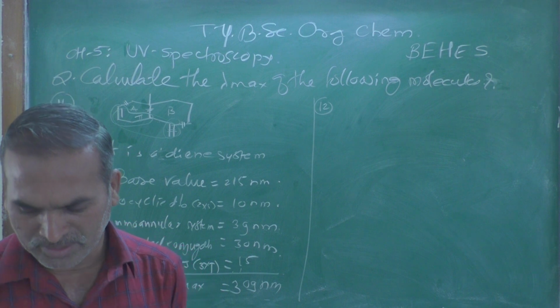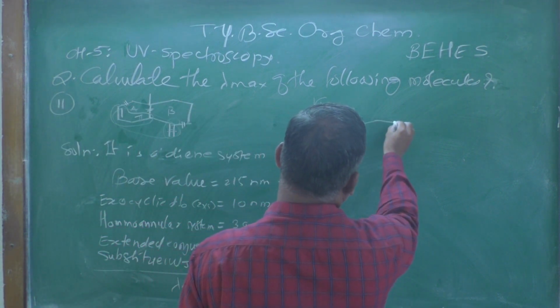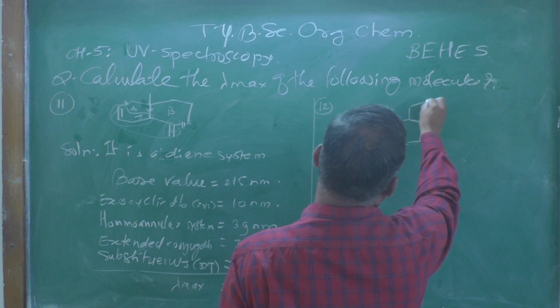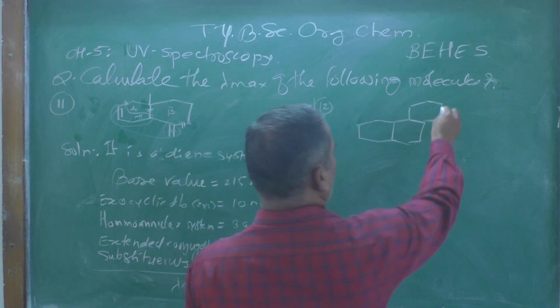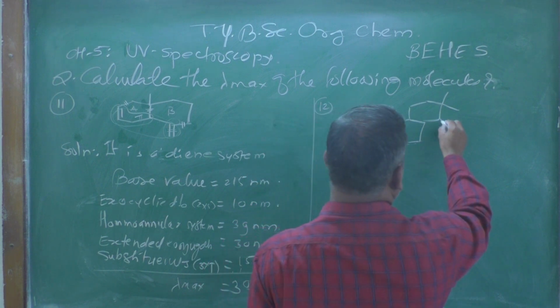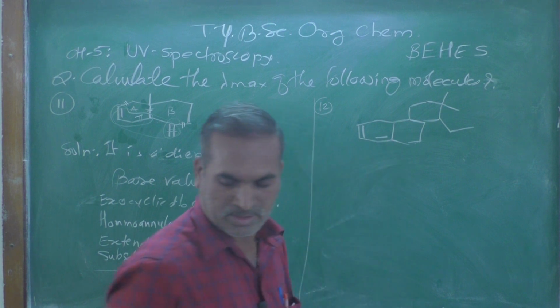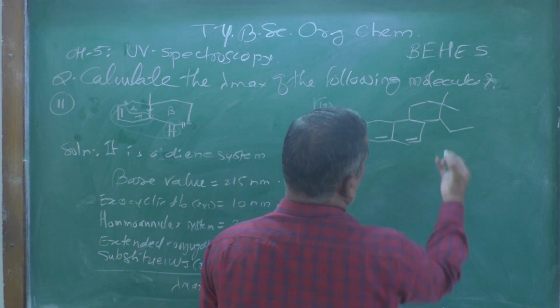Now what will be that example number 12? So I am writing that example over here, so you can clearly see. This is an example, and one more double bond, and one of the double bonds is present over here.